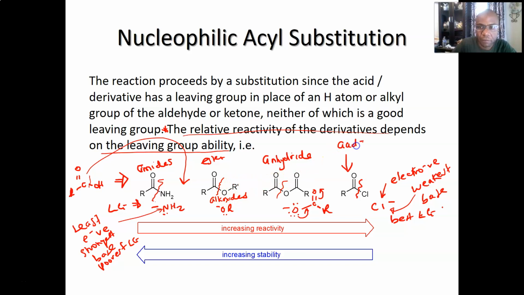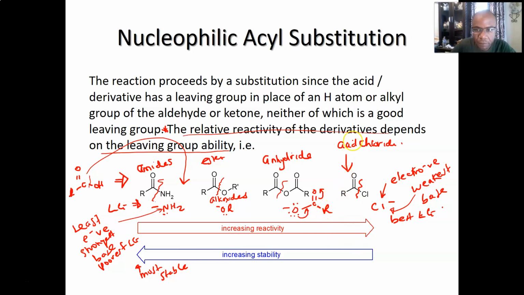And then the acid chloride will be the most reactive. So increasing stability means which one is not likely to react. So the amide is not likely to react, so it's the most stable.